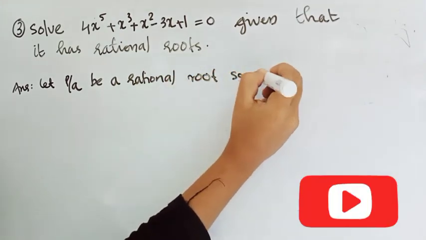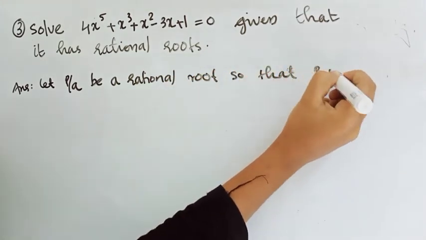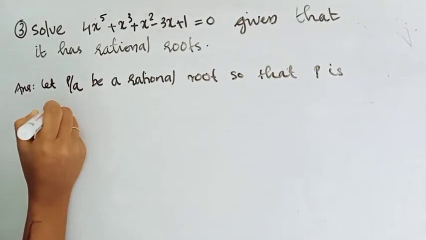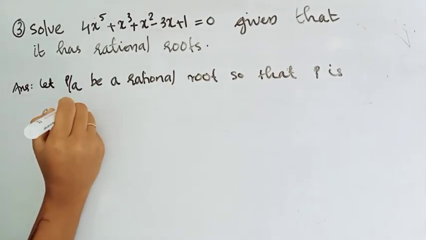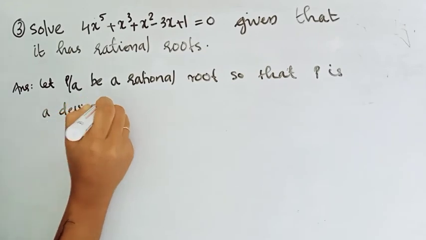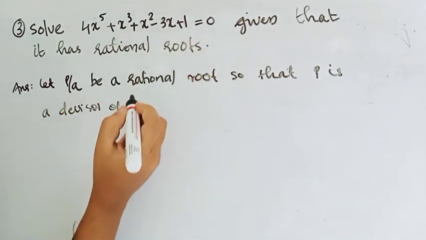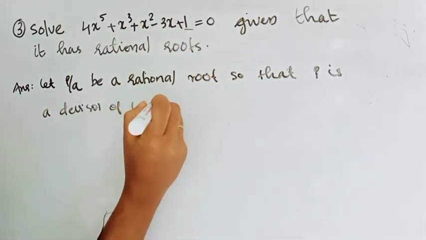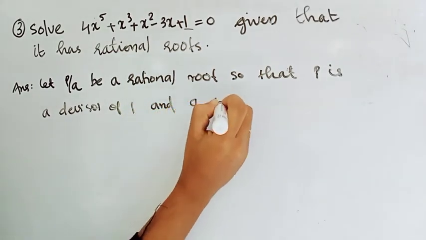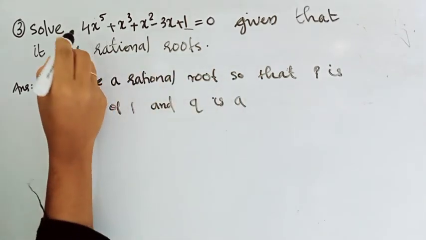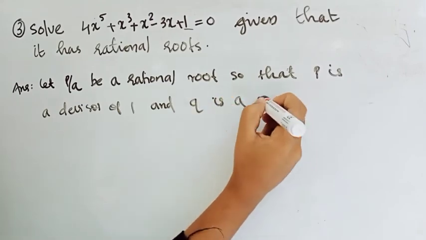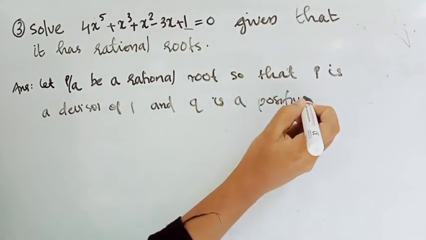so that p is a divisor of an. Here an is 1, and q is a divisor of 4. Here q is a positive divisor of 4.